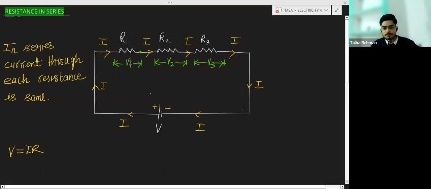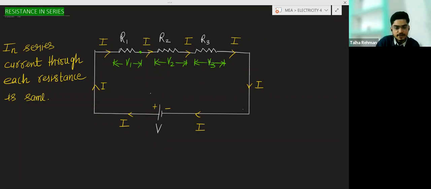But the potential difference across R1, R2, R3 will be different. Suppose V1 is the potential difference across R1, V2 is the potential difference across R2, and V3 is the potential difference across R3. Now this is the potential difference V of the cell here. So we can say that this potential difference V is divided among R1, R2 and R3.